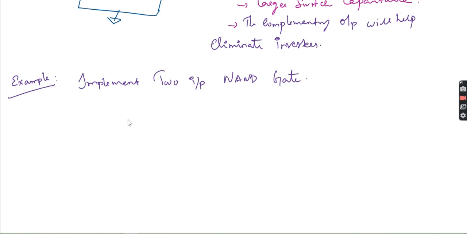If I implement the NAND gate, I will get the AND gate output also using DCVS logic. Questions like these we will get in the examination. Okay, let us start to draw the structure.